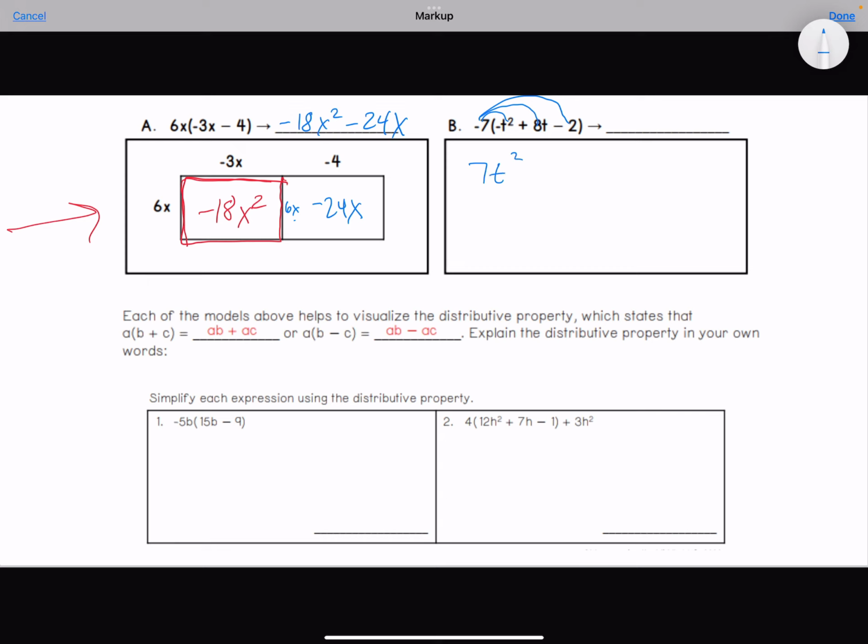Negative 7 times 8 is negative 56t. Negative 7 times negative 2 is positive 14. So there's really no one is going to say you have to do it one way or another. Most kids, though, choose to do the area model only because that lends itself perfectly for when we multiply.